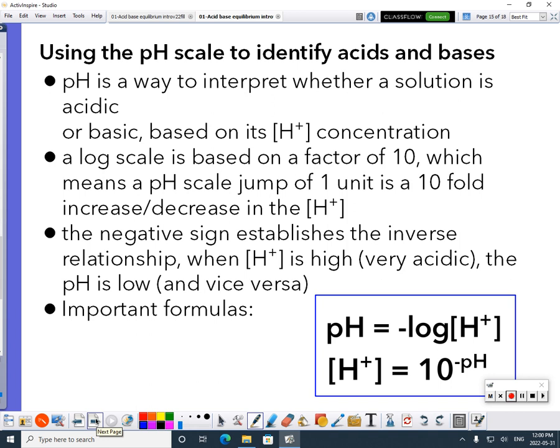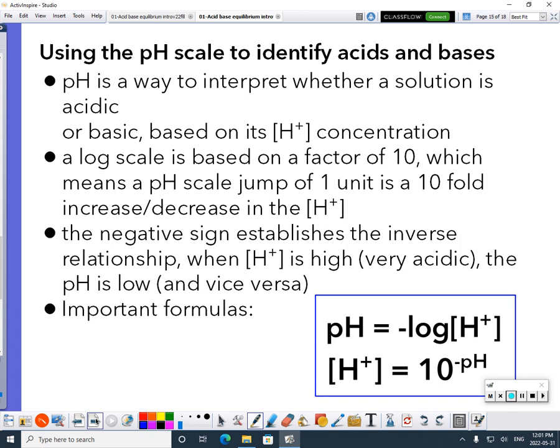Okay, so we are going to use the pH scale as a way to interpret whether a solution is acidic or basic. It is a log scale, so in grade 11, all we did was talk about if you go from a pH of 2 to a pH of 1, that one spot on the pH scale is actually a 10-fold increase in the hydrogen ion concentration, or if you went to a higher pH, it would be a decrease.